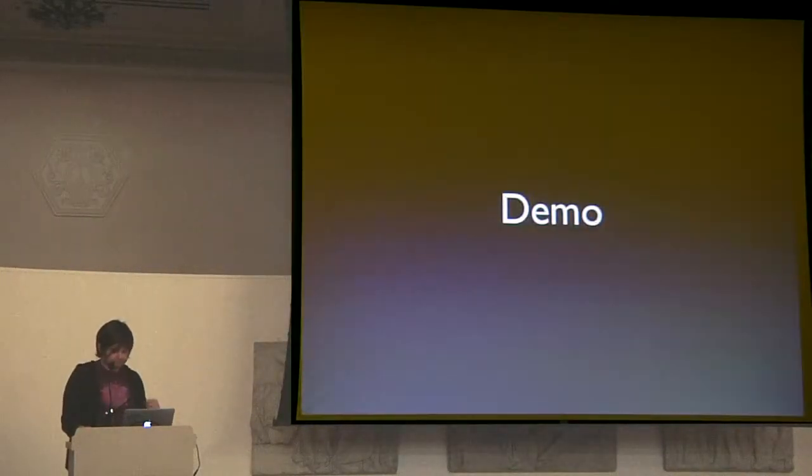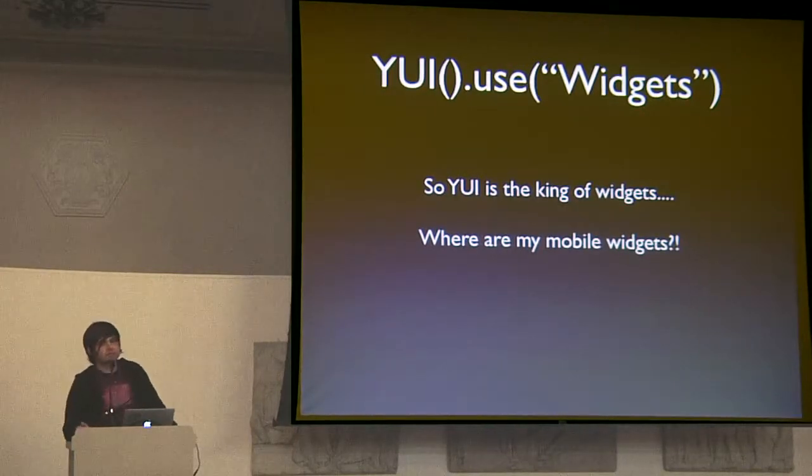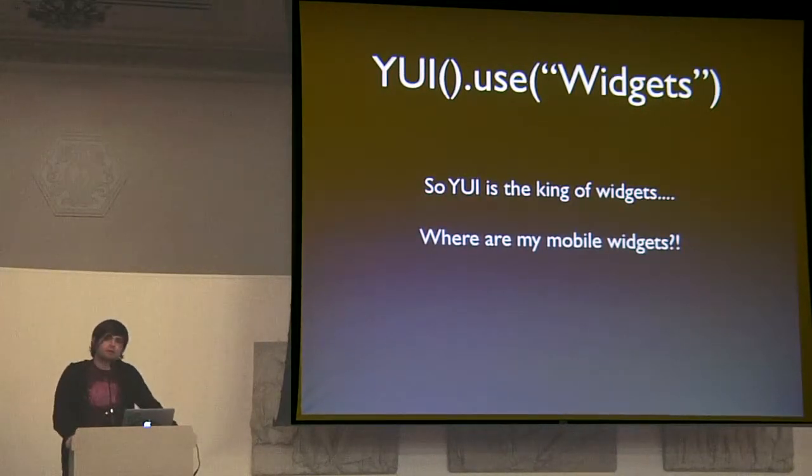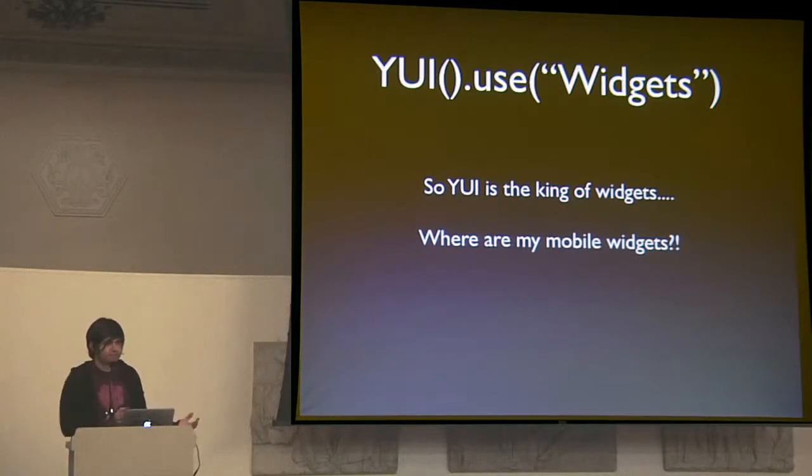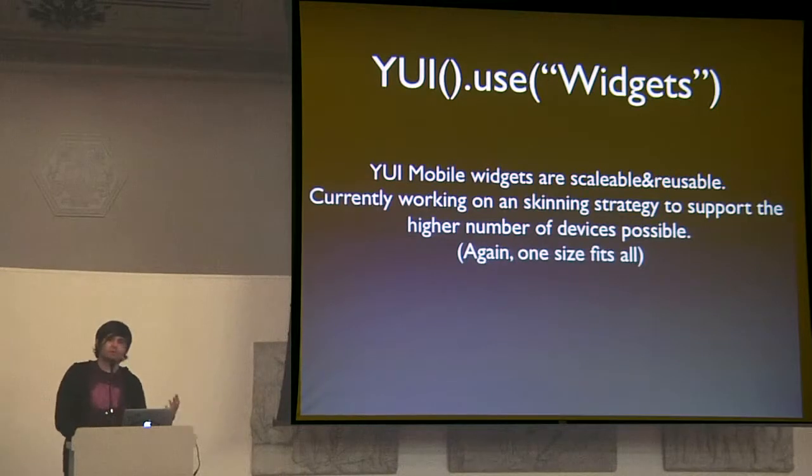So just wrapping up some thoughts, I know that YUI historically has a large number of widgets on the desktop, and maybe some of you are wondering, okay, what happens to those widgets? When are those widgets going to be ported to mobile? So the answer is that we're working on a solution for that right now.